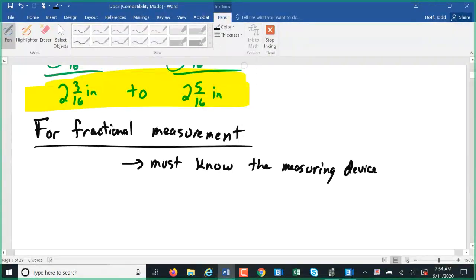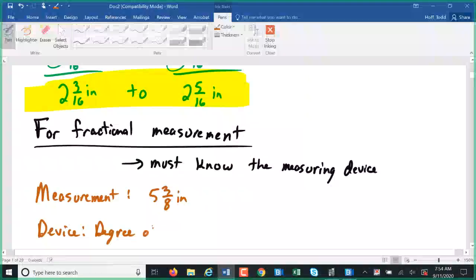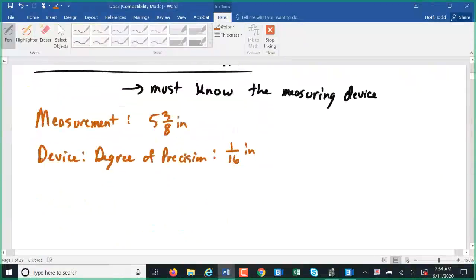So we might have a measurement of 5 3/8 inches on a device with degree of precision of 1/16 of an inch.